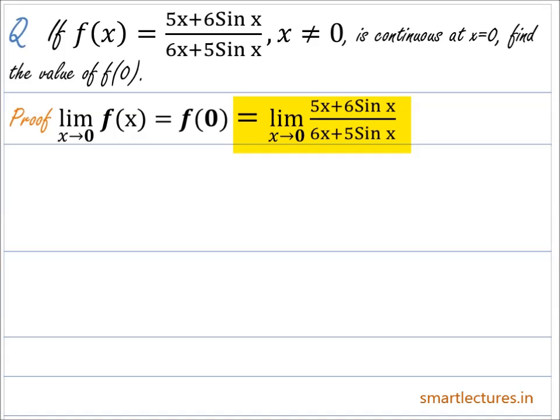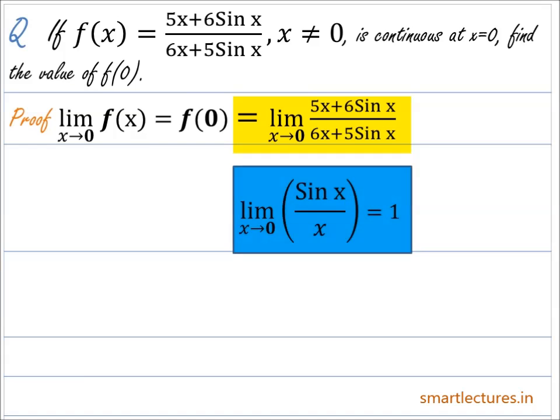And now let's calculate the value of this limit. From the definitions of limits, we know it very well that limit x approaches 0, sin x upon x is equal to 1. But the given expression is not in the form of sin x upon x.